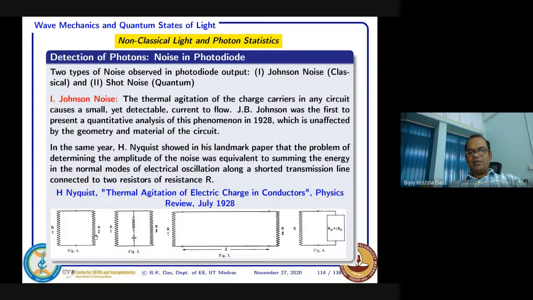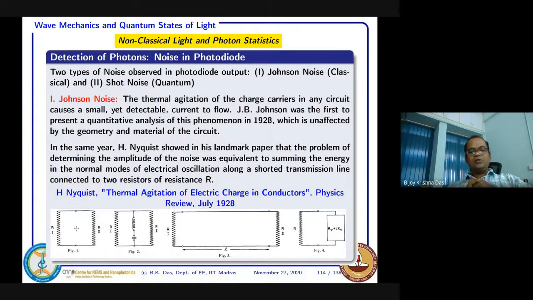I squared R, some heat will be dissipated. When this current is flowing, it will lose some energy, and then this heat will be dissipated here. That will actually compensate for that. So it creates some kind of electromotive force in the circuit here, and that is how somehow it is balancing.